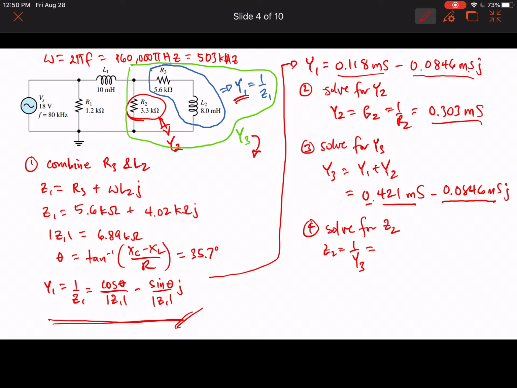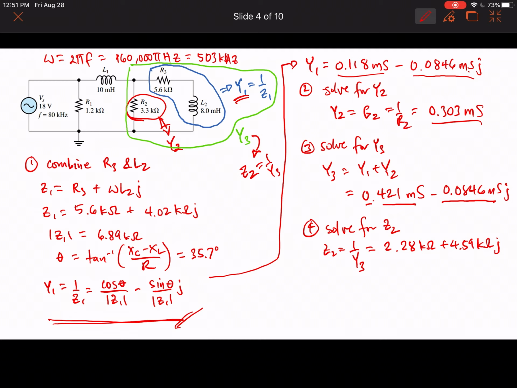So just to complete the procedure, we need to get Z2, which is equal to 1 over Y3. So Z2 is equal to 2.28 kilo ohms plus 4.59 kilo ohms j hat.